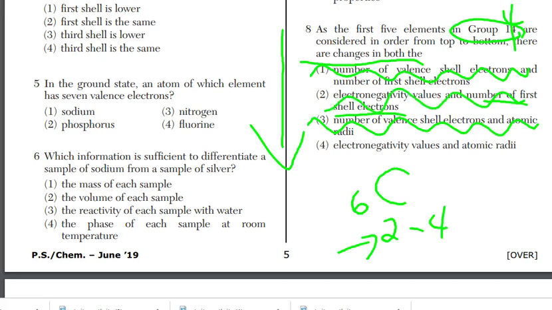It's got to be choice 4. So the electronegativity values are changing and the atomic radii are changing. This, you might remember from class, is periodic trends. Now, I would suggest doing this with the periodic table open, but literally just go through each one by one. And remember, electronegativity values and atomic radii are on reference table S.